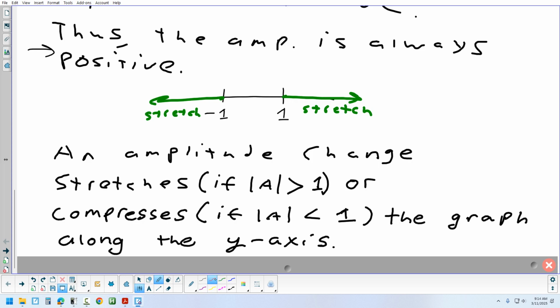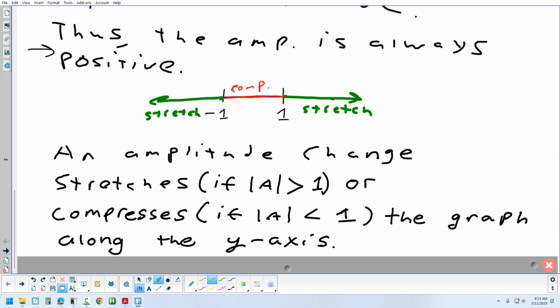Numbers in the red area will compress. 0, well, 0 wipes the wave out completely. 0.1, 1/2, 0.8, -0.6. Any number that's in that red area, the graph will compress. So, any question on when the graph stretches versus when it compresses?